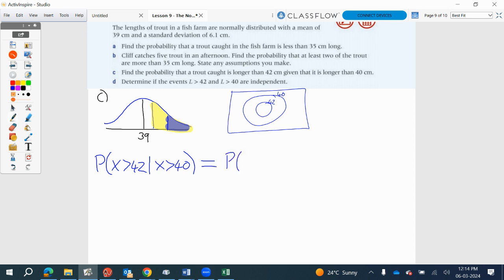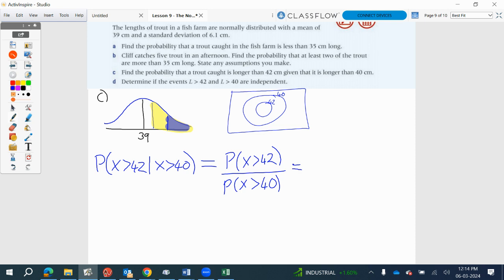We want the probability that x is greater than 42 divided by the probability that x is greater than 40. Because on the top, we would normally want the intersection of the two, but the probability that it's greater than 42 is the entire intersection.